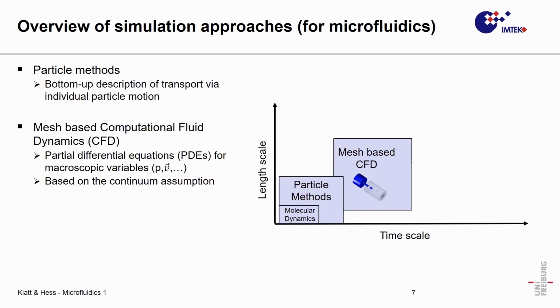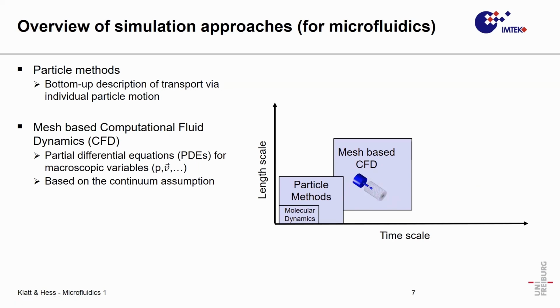And as you can see on the right-hand side, those methods are used when you have a longer time scale to simulate, or if your problem is a little bit larger. So for example, if you simulate a nozzle as indicated here, so this is an inkjet nozzle, and if you want to simulate how the drops form in that nozzle, you would usually use CFD.